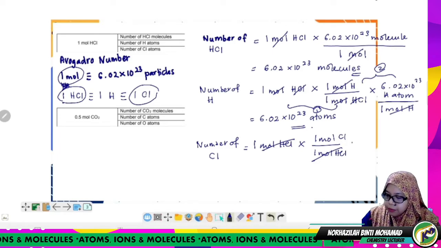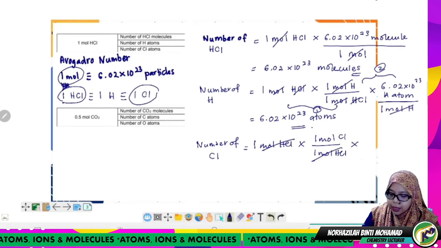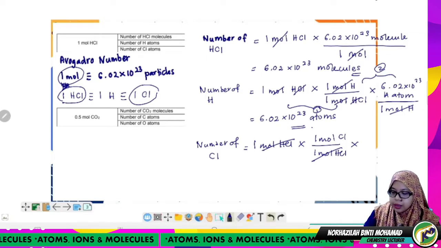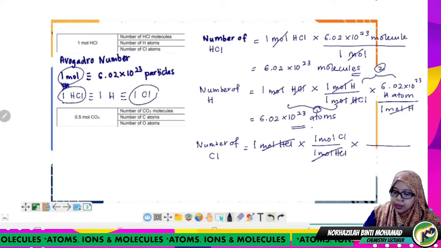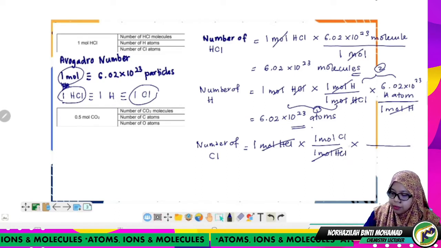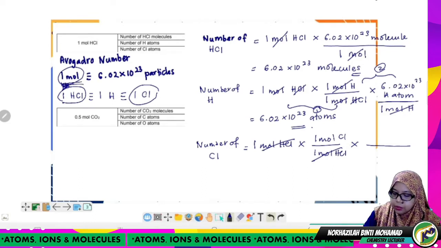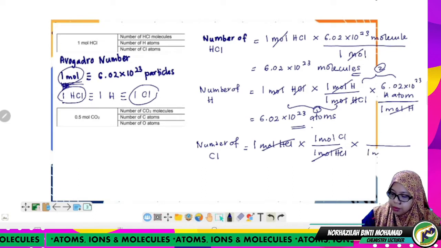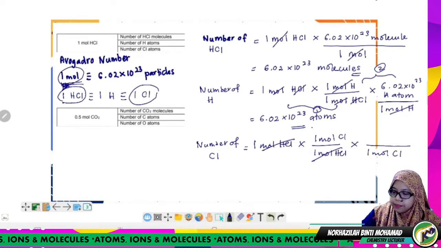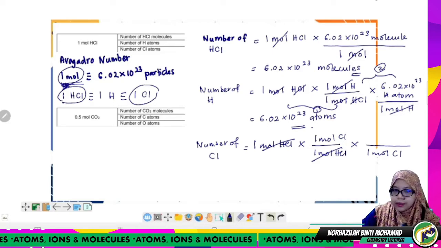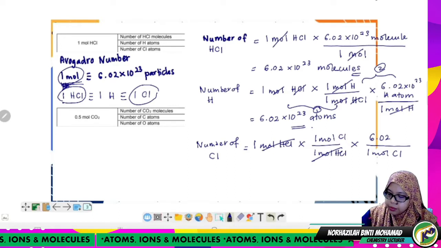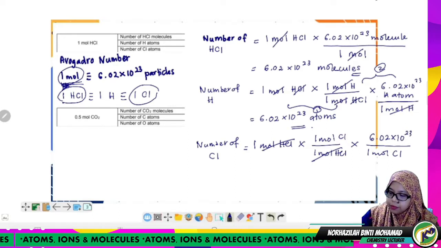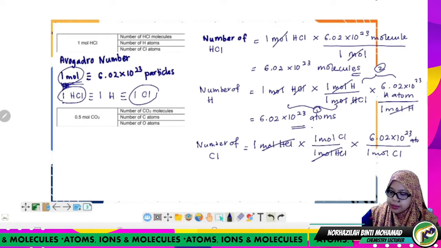Right now from chlorine, we determine the number of atoms. For the number of atoms, we want to cancel the unit mole of chlorine. So 1 mole of chlorine is equal to 6.02 10 to the power of 23 atoms.